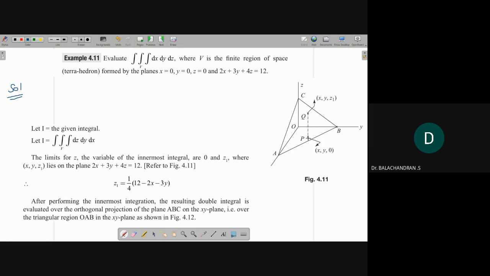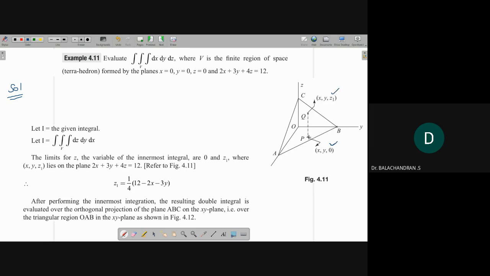The limits for z, the variable of the innermost integral, are 0 to z1.